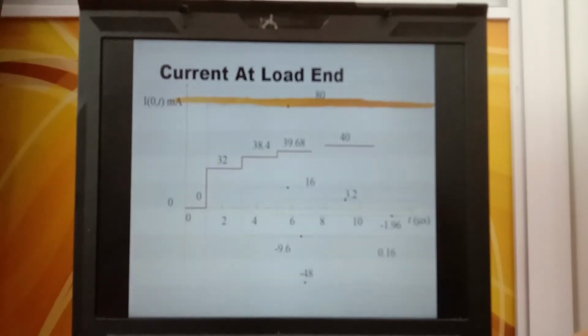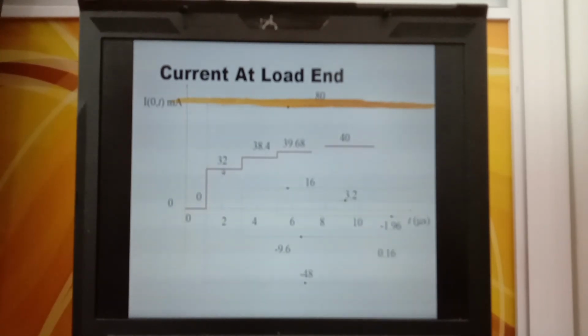The same goes for the current at the load end. Between time t equals 0 and 1 microsecond, because the incident wave has not reached the load, the current is 0. At time t1, when the wave arrives at the load, the current will rise to 32 milliamp.